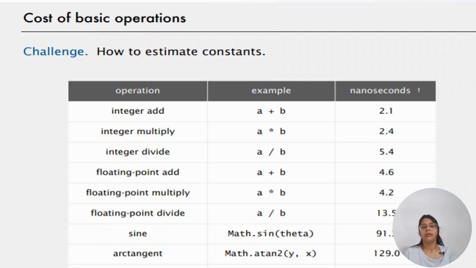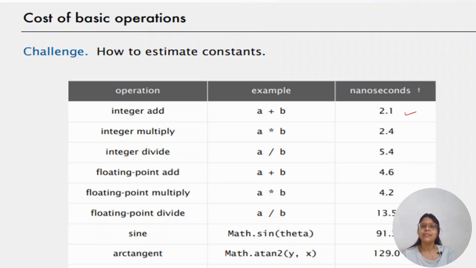Before knowing how to analyze any algorithm, first I would like to tell you the cost of basic operations that you can have in your code. Basic operations can include addition, multiplication, division, floating point addition, floating point multiplication, and many more. All these basic operations will take constant time. You can easily see that it's 2.1, 2.4, 5.4, 4.6, and so on.